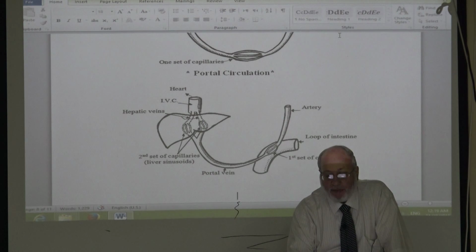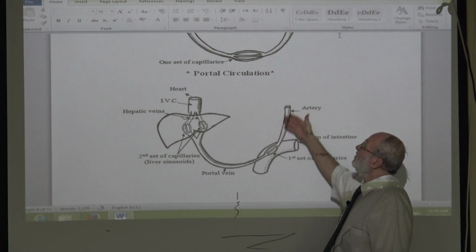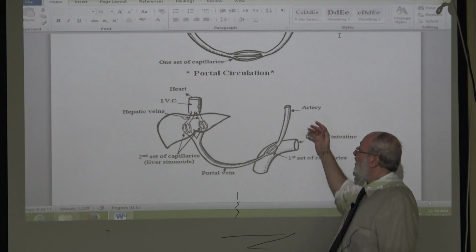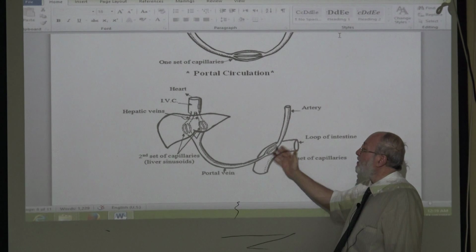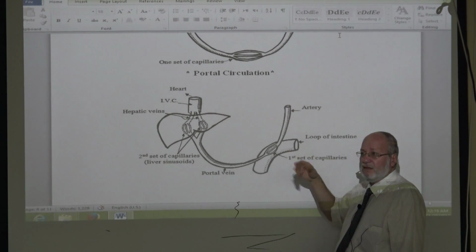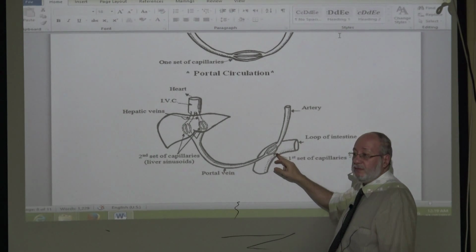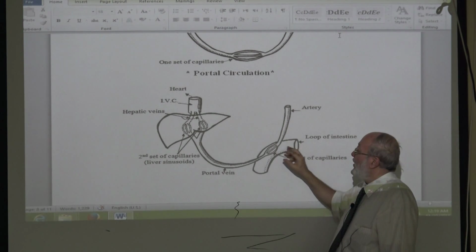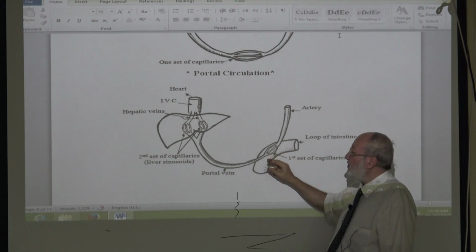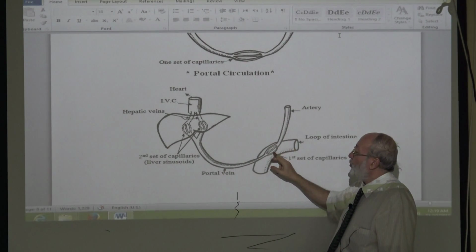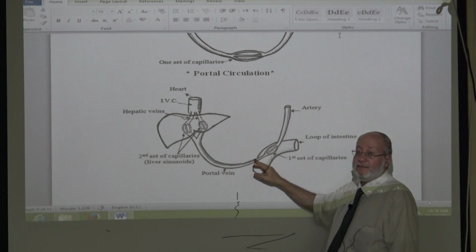In the abdominal part of the GIT, there is an artery, like before. The artery goes to the abdominal part of the GIT, like the intestine, stomach, etc. The artery divides into capillaries. The capillaries are finally collected to form tributaries of veins.